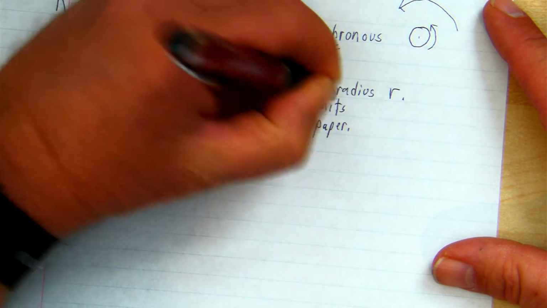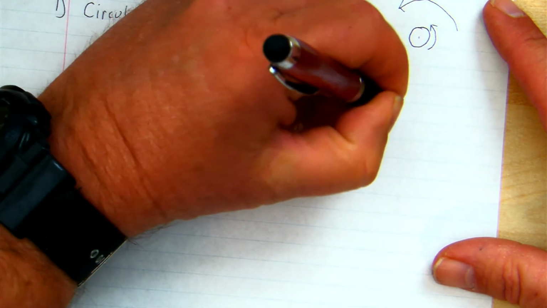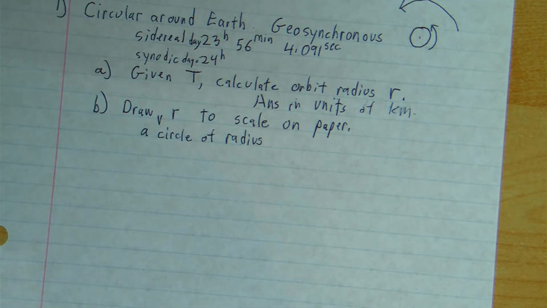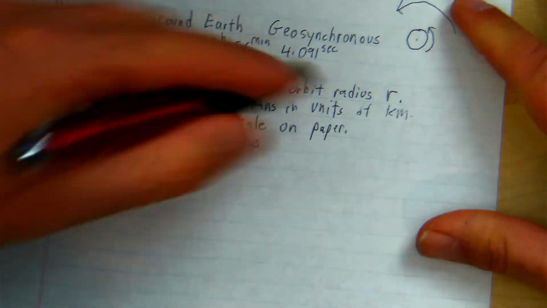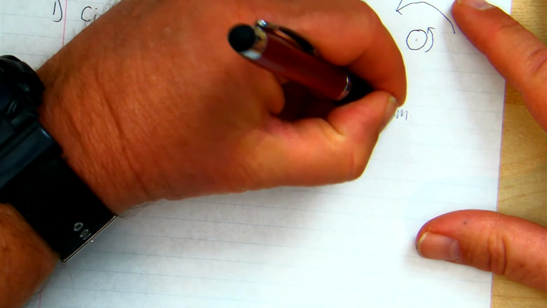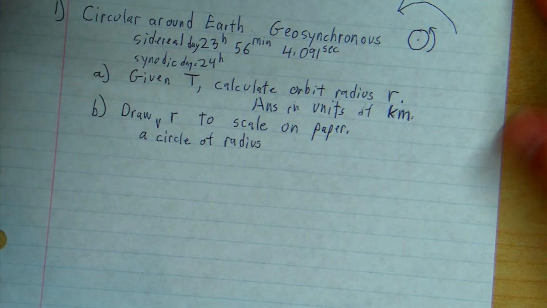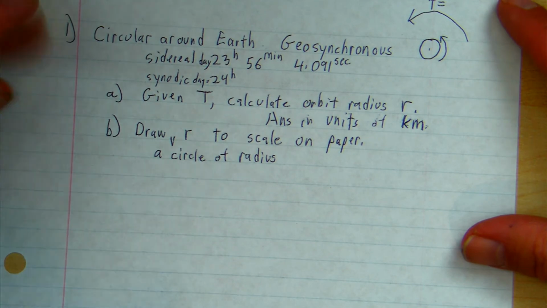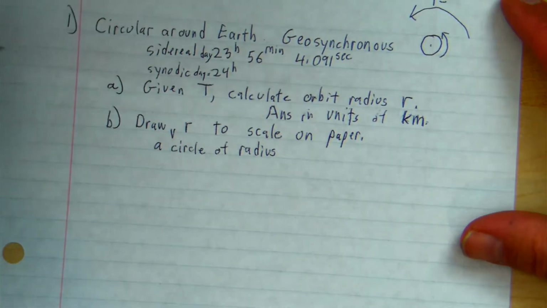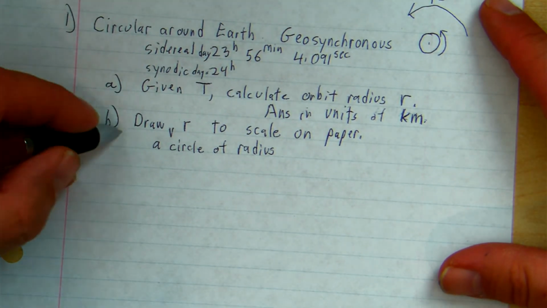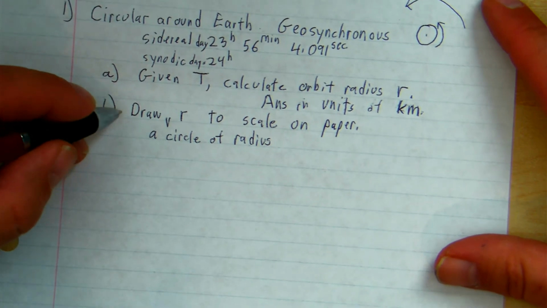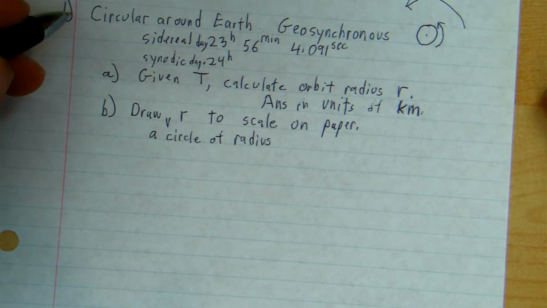Oh man, don't lose points of kilometers. Okay, so I'm making that a requirement. I want you to calculate the orbit radius of a geosynchronous orbiting satellite in units of kilometers. And of course, that's measured from the center of the Earth. And then part B, draw a circle to scale on your paper.